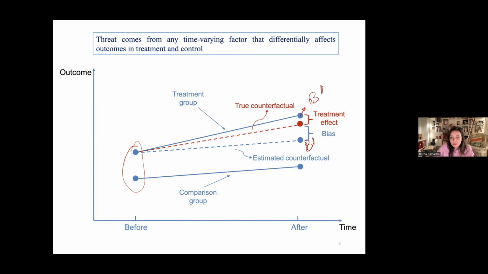So even without the program, the individuals of the group B were supposed to be at this point, which I will call Z, for instance. So without even being participant in the program, because of the difference in characteristics between the two groups of individuals, we can expect that their outcome, whatever this outcome is, income or women empowerment, was supposed to be at the point Z, not B prime. And instead of Z, it is at B double prime.